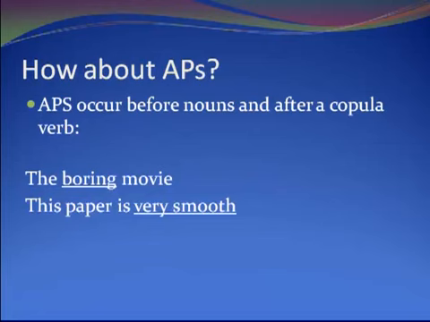So adjective phrases occur in two places, either before a noun, as in the boring movie, or the very smooth paper, or after a copular verb. So we can say this paper is very smooth, or the movie is boring. So really what we've been saying about adjectives applies to adjective phrases.